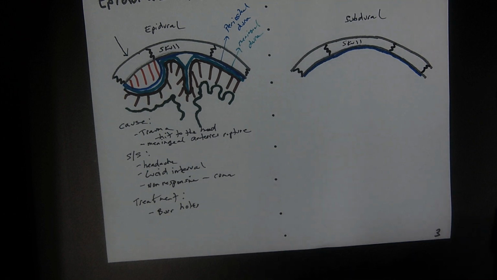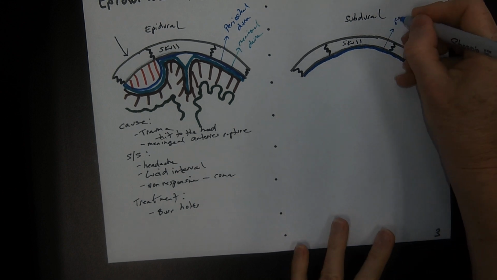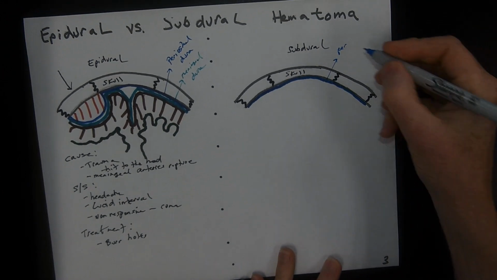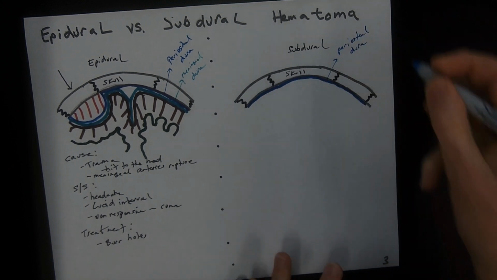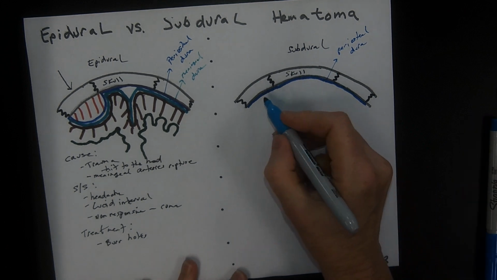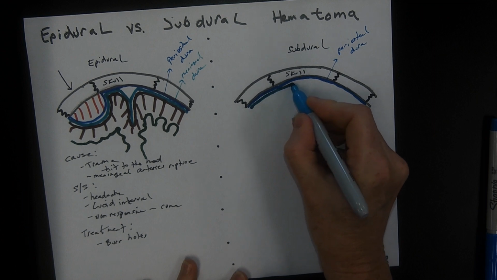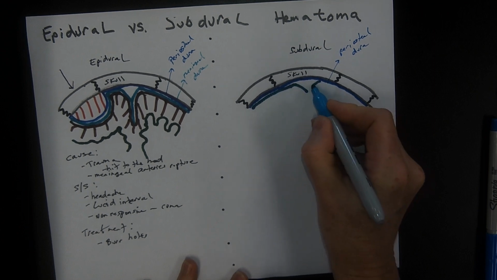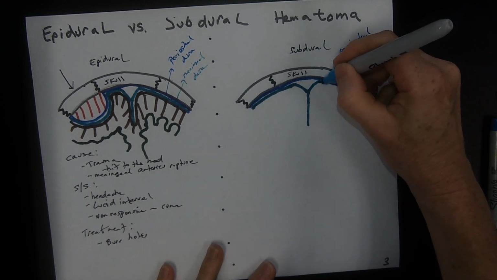Okay. Now we've got your periosteal dura. Okay. And then kind of the standard presentation for your meningeal dura. It's going to come all the way across. Okay. Little invagination, falx cerebri coming down.